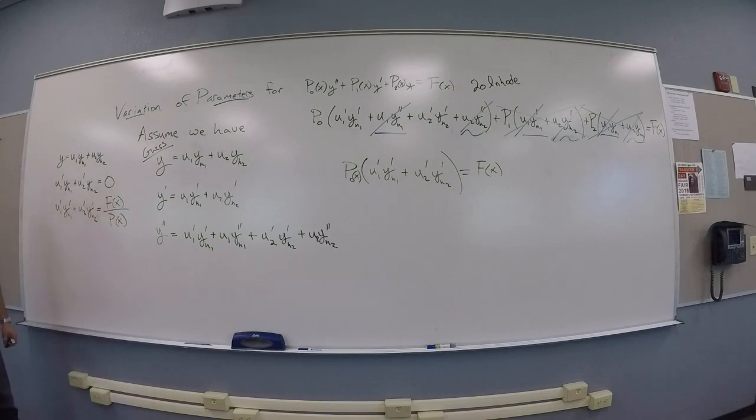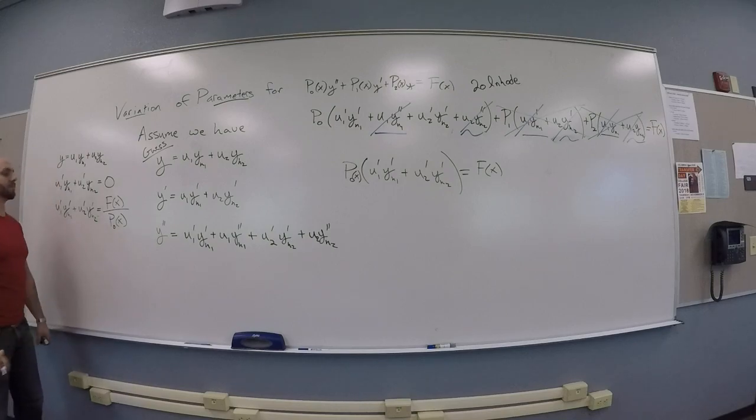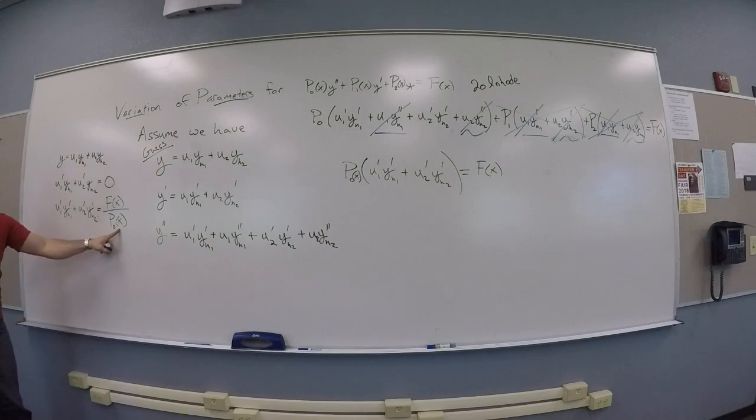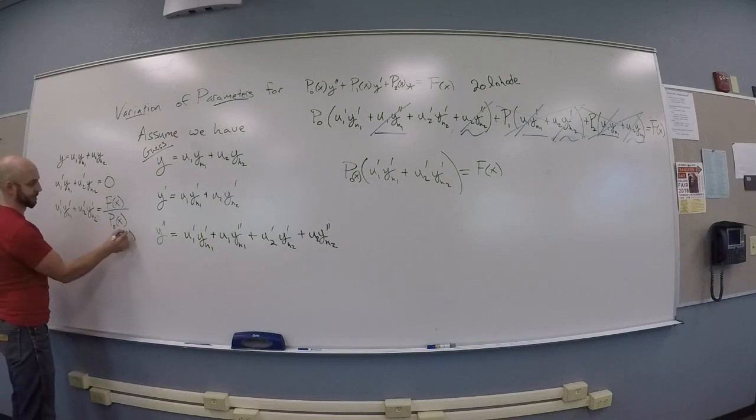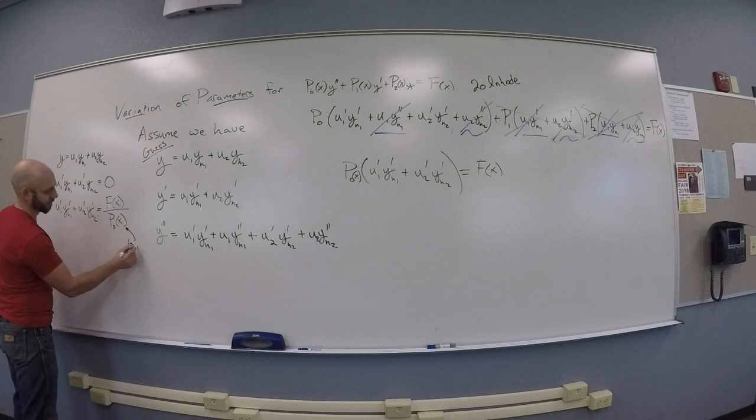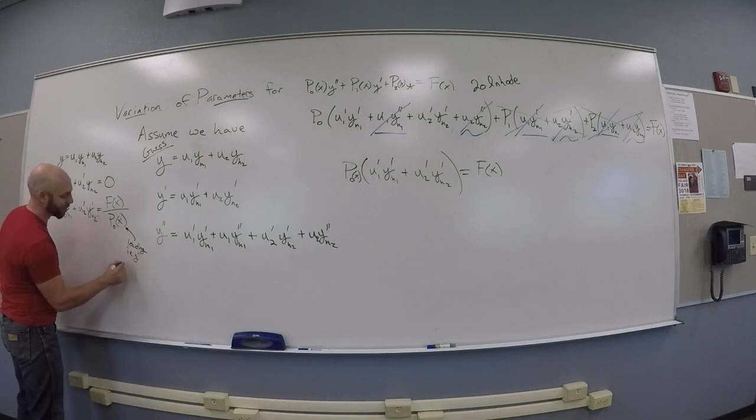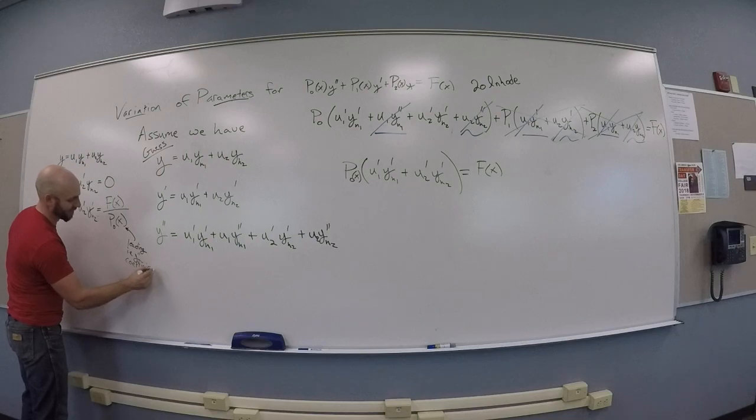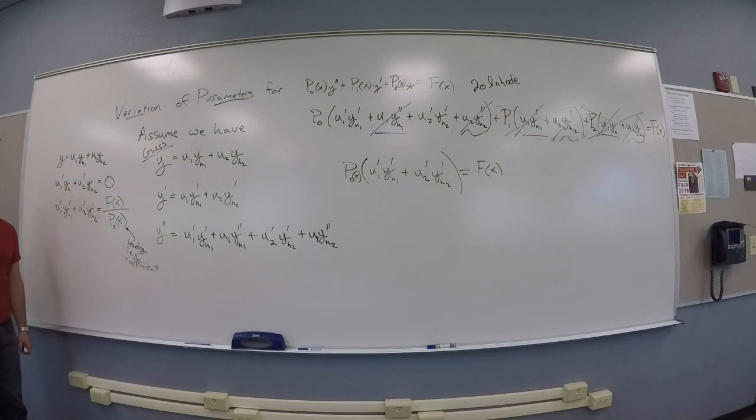You need to remember that this is the leading term, i.e. the y double prime coefficient. I don't need you to remember that I called it P0. I just need you to remember that it was the thing on y double prime.